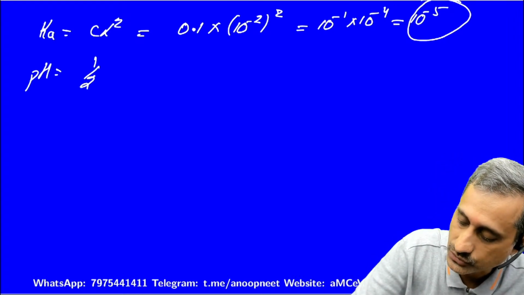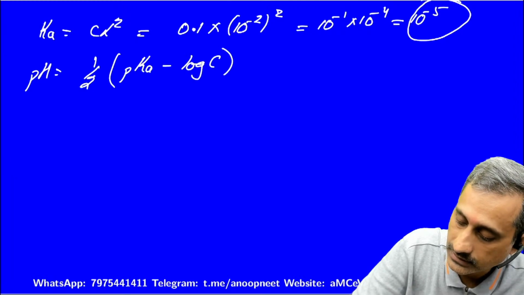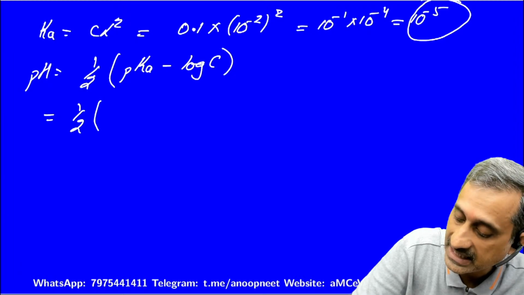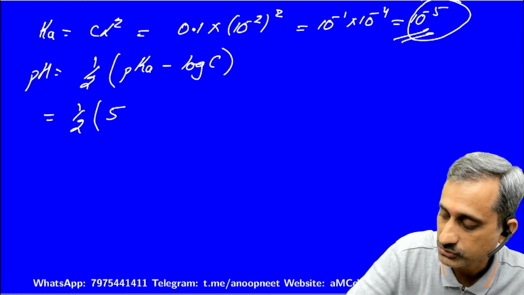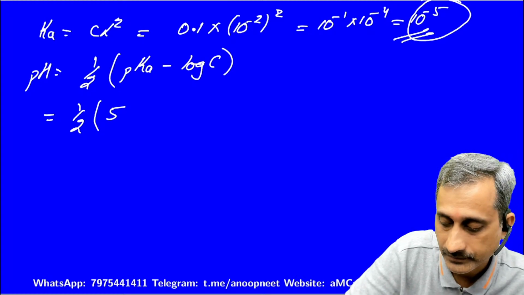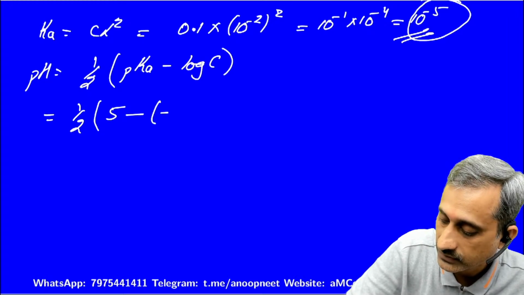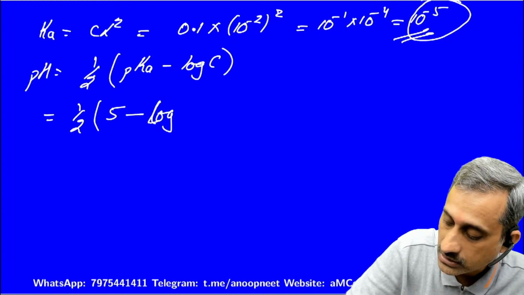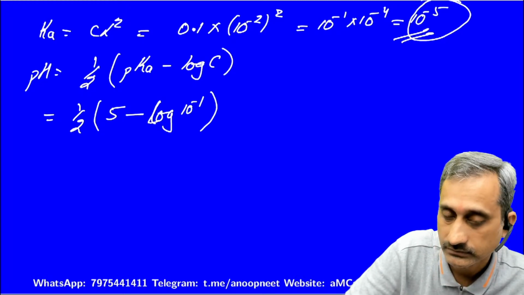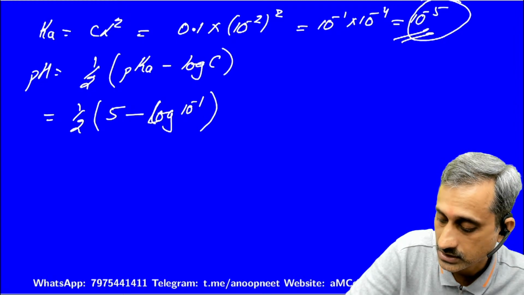pH is equal to 1 by 2 bracket pKa minus log C. Okay. Now that is equal to 1 by 2. pKa is 5. Oh, negative. अच्छा, log of 10 raised to power minus 5 is 5. मैंने minus 10 to the power minus 5 बता दिया था. minus of log C. So that is minus of log 10 raised to power minus 1. ठीक है?